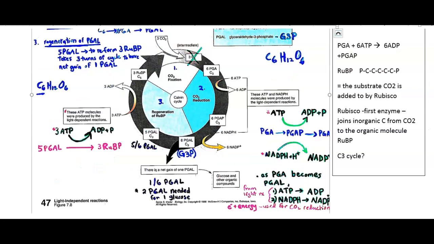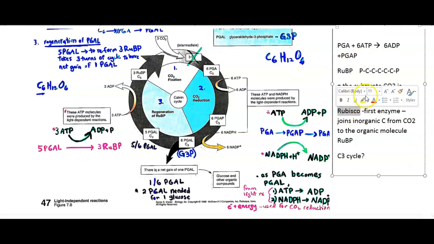If you look at this text box that I drew on the side, Rubisco is the first enzyme that is going to join inorganic carbon from the carbon dioxide to the RUBP. So it is super important. If we did not have Rubisco, none of this would work. Without Rubisco, the entire Calvin cycle would not function.